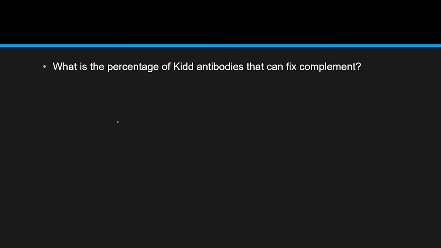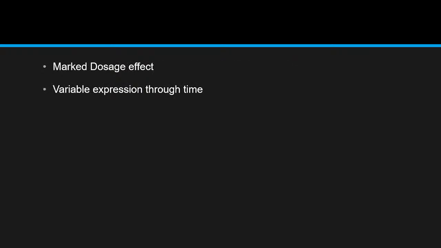All right, so what percentage of the antibodies can fix complement? Actually, 50% of Kidd antibodies fix complement. The unique qualities of Kidd antibodies are that they are capable of dosage effect, and there is what you call variable expression through time.